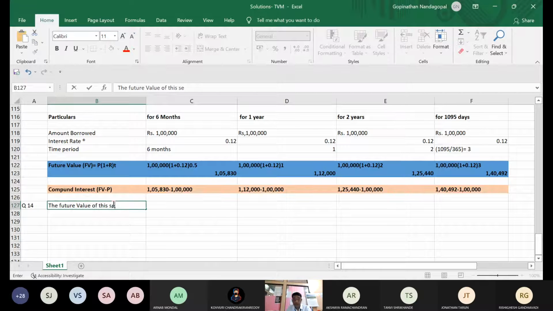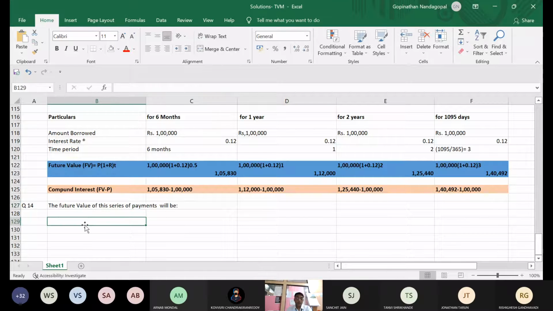Now listen here, yesterday somebody asked me about compounding, which I'm going to tell you now. So now you can take future values. It is for 5 years, so you can take future value 5.